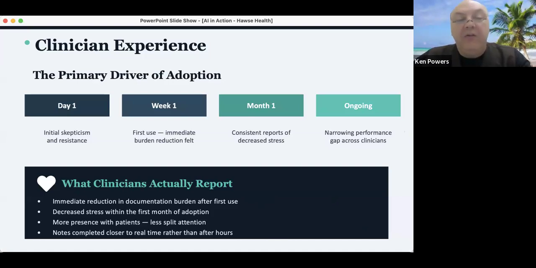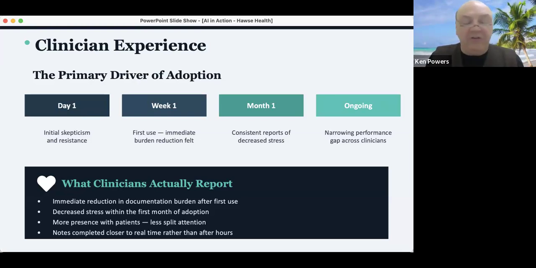So the clinician experience: initially, there's some skepticism and resistance. Within that first week, we begin to see first use, and an immediate burden reduction starts to be felt. There are consistent reports of decreased stress and narrowing of performance gaps across clinicians.